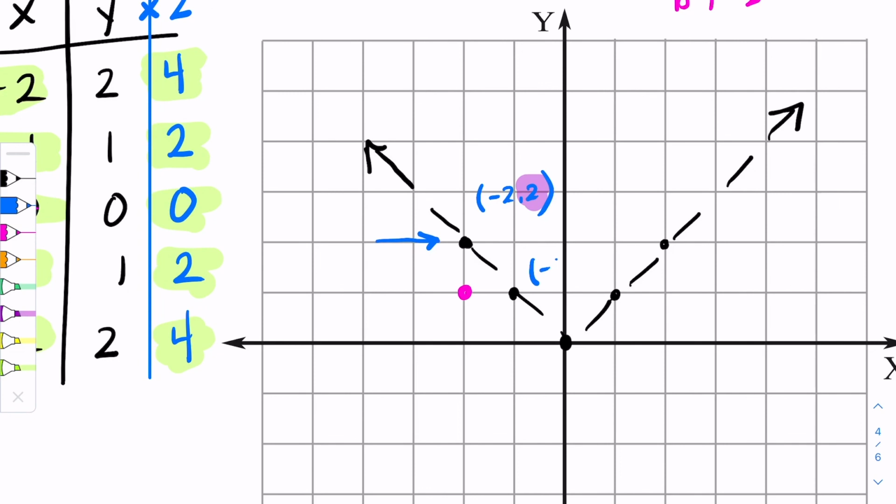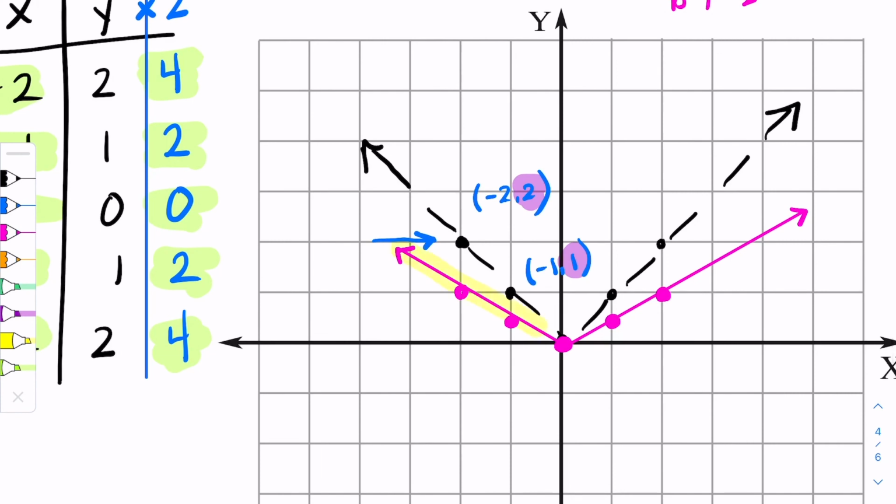Here we have a point at -1, 1. 1 times 1/2 or 1 divided by 2 is 1/2. 0, 0, 1, 1/2, 2, 1. And this is your final answer.